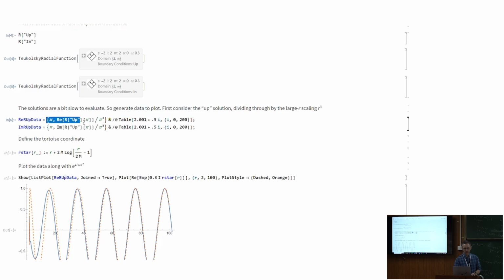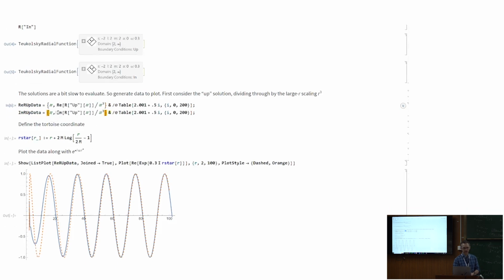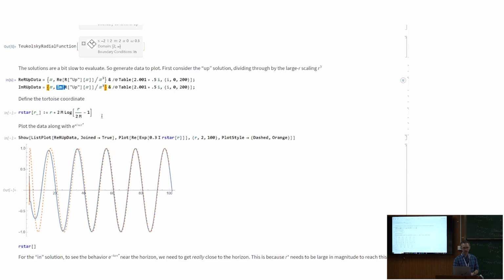Here I'm constructing a list where the first component is the value of r, and the second component is the real part of the up solution. The cube here is dividing out that r cubed, so that I'm getting something that's going to a constant at infinity rather than blowing up like r cubed at infinity. And same thing to construct the imaginary part of the solution.